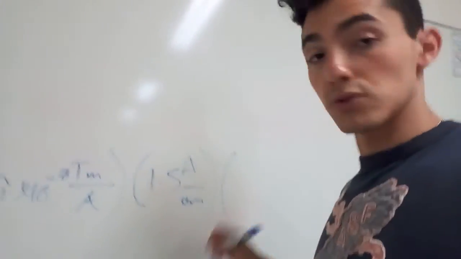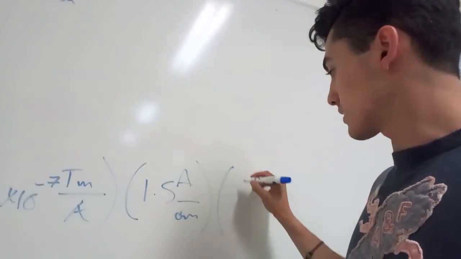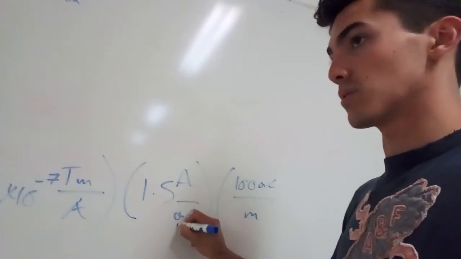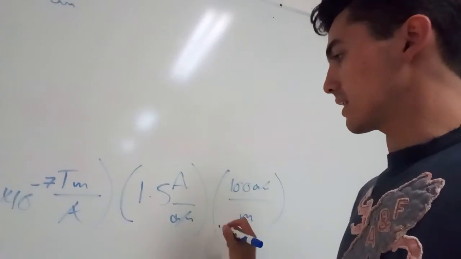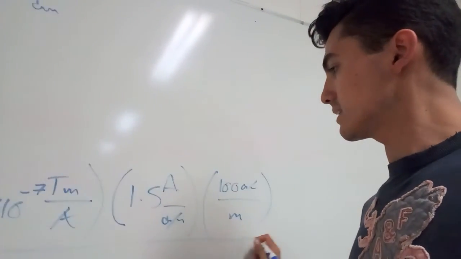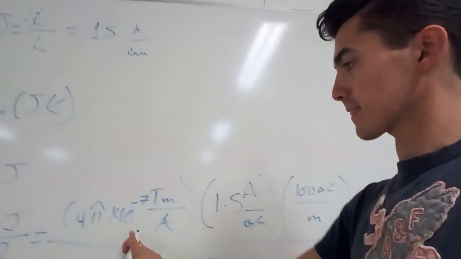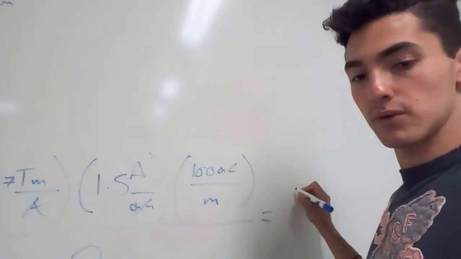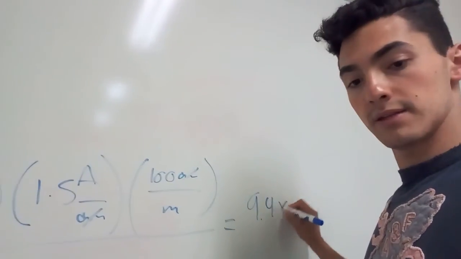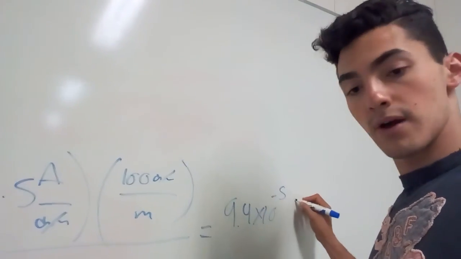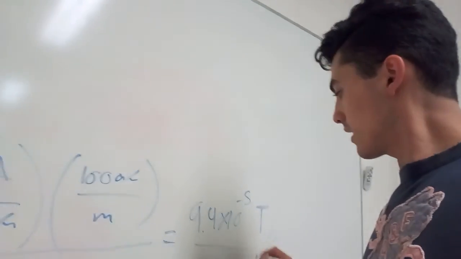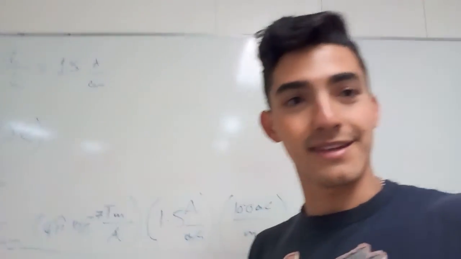But we wanted to calculate in meters. So we know that 100 centimeters is equal to 1 meter. So we cancel the centimeters and we are left with meters, and this over 2. And this will be equal to 9.4 times 10 to the minus 5 Tesla, and that is the result for this quiz.